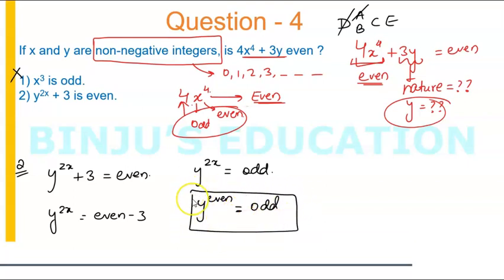A number raised to its even power is odd. Can I say there is only one possibility, that y has to be odd?